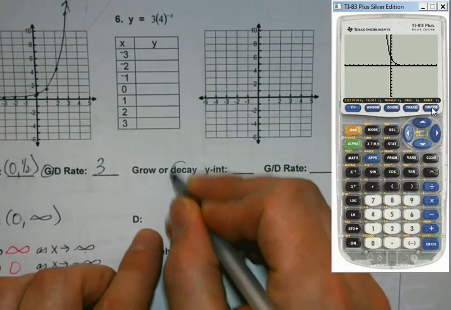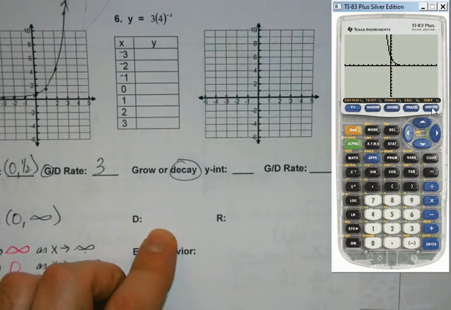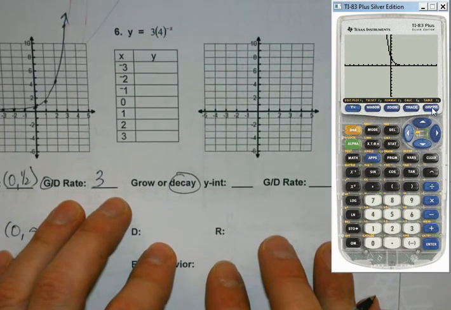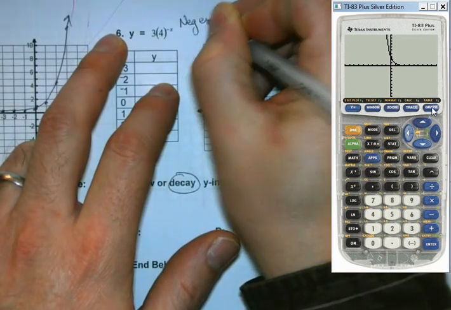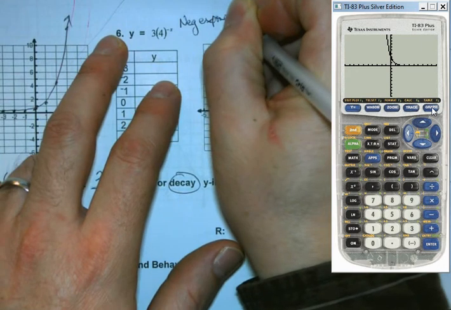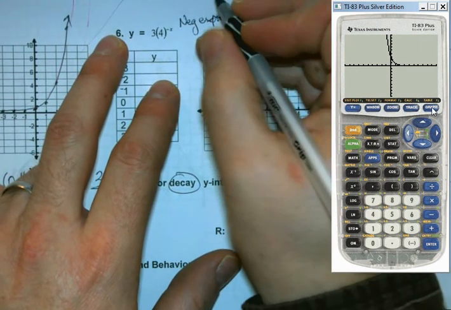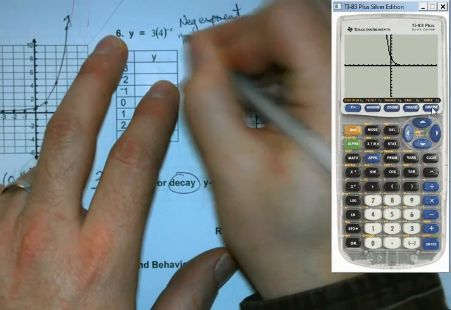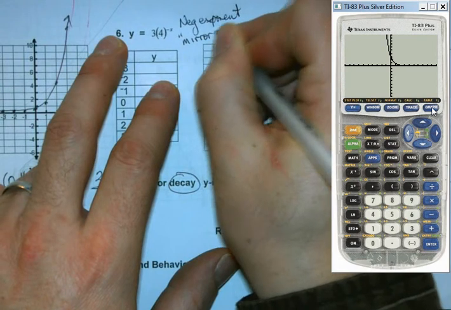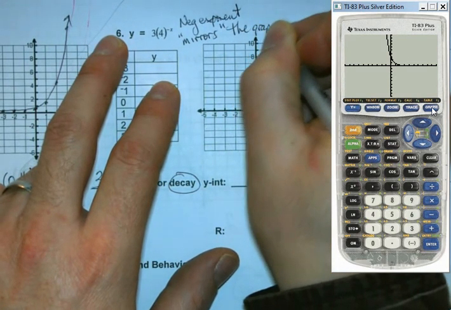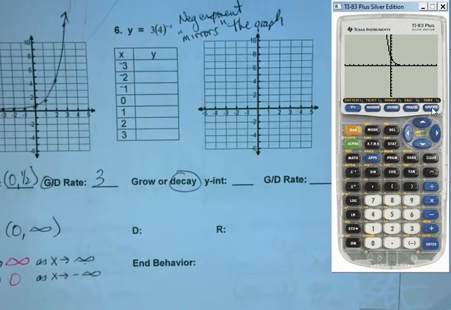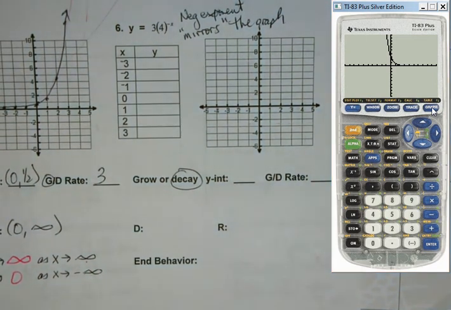So here, I want to remind myself with one like this that a negative exponent mirrors or flips the graph. In other words, whatever you thought it was going to be, it may be exactly the opposite of that.